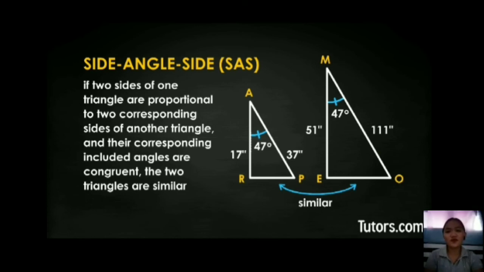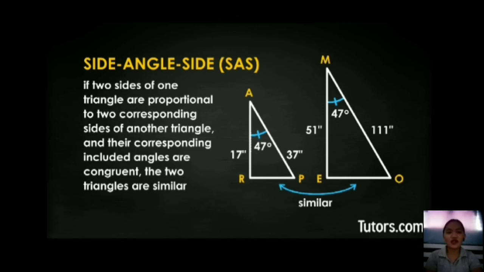So here we have two triangles side by side and oriented in the same way. Triangle RAP and triangle EMO both have identified sides measuring 37 inches on triangle RAP and 111 inches on triangle EMO, and also 17 inches on triangle RAP and 51 inches on triangle EMO.